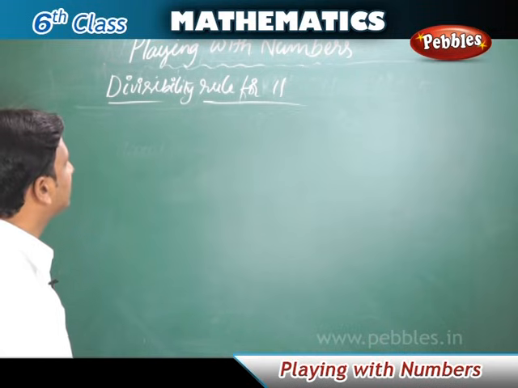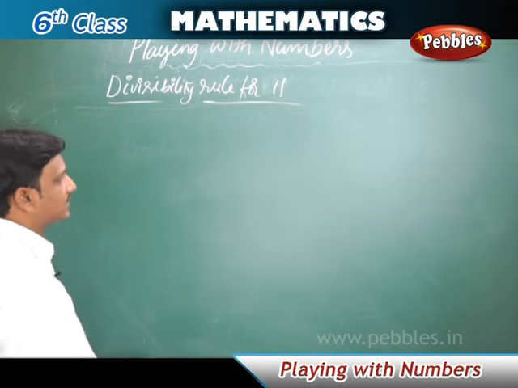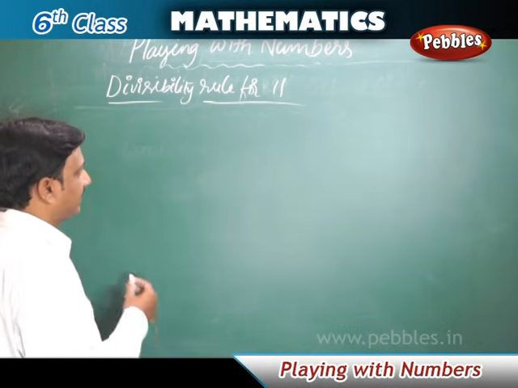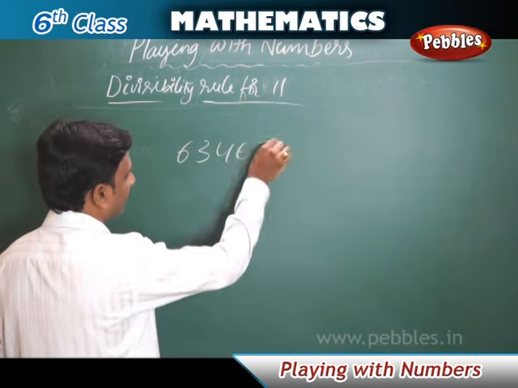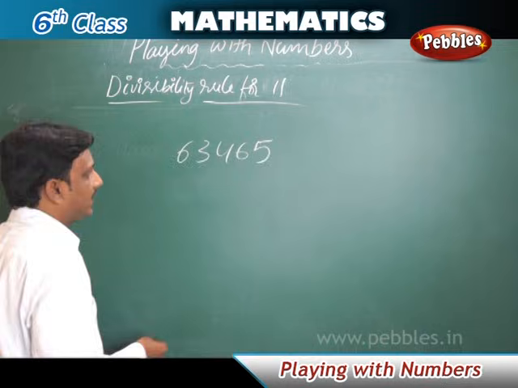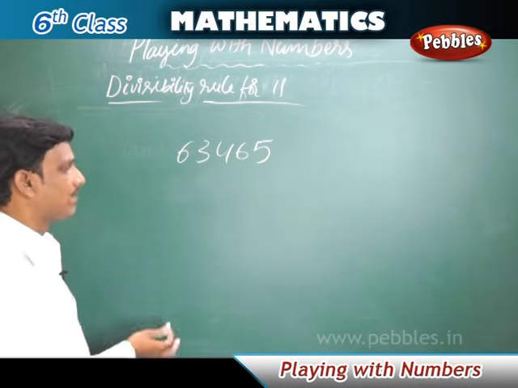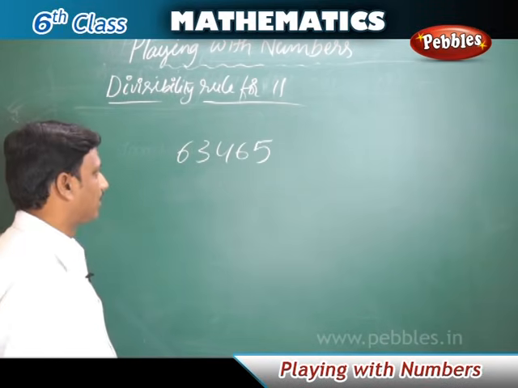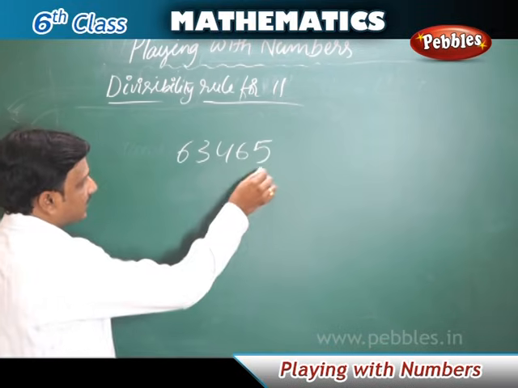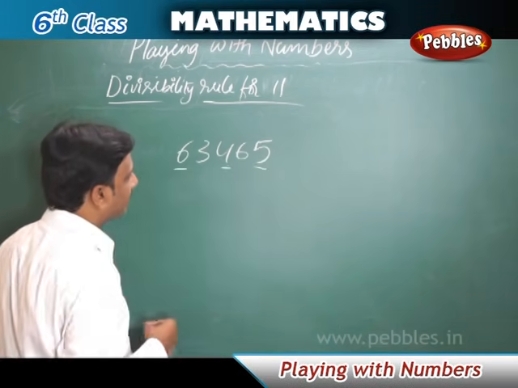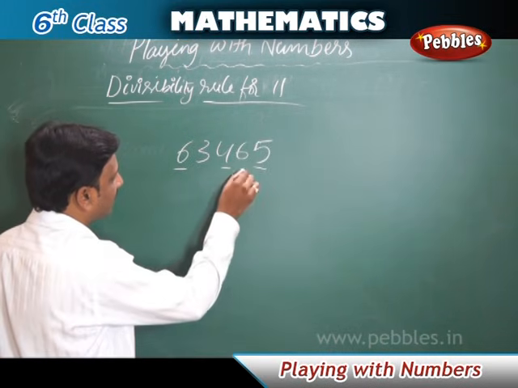Let us see the divisibility rule for 11. So what is the divisibility rule of 11? There is a number. Now we are going to check whether this number is divisible by 11 or not. So here the divisibility rule for 11 is about the sum of even place numbers and the sum of odd place numbers.